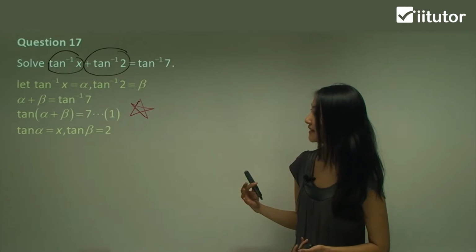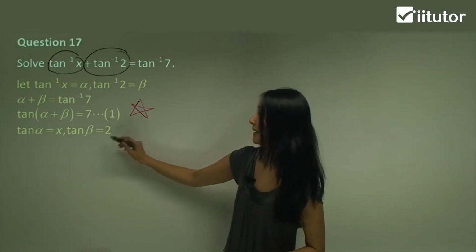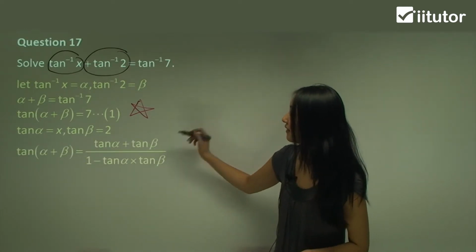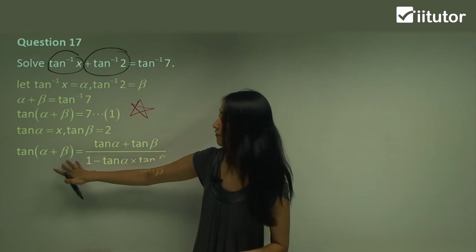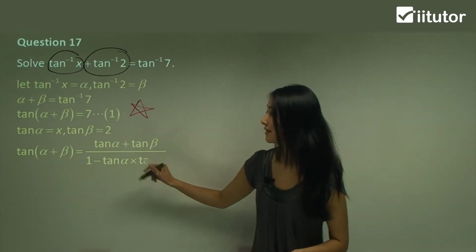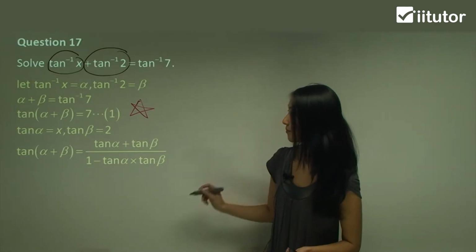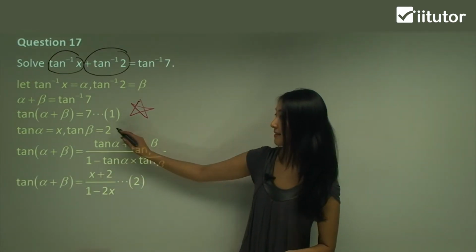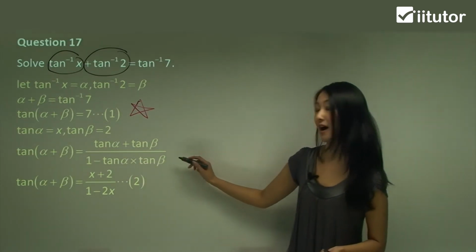The second thing we can do is we know that tan alpha equals x, tan beta equals 2. Now, we also know that when we expand tan of alpha plus beta, using this information, that just becomes x, that becomes 2, and you have 1 minus 2 times x.